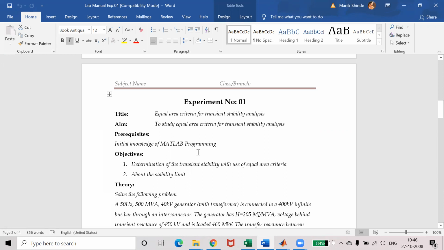In that, initially we have to plot the equal area plot, that is power versus power angle. Then compare the angle obtained with the maximum angle and say whether the system is stable or unstable.